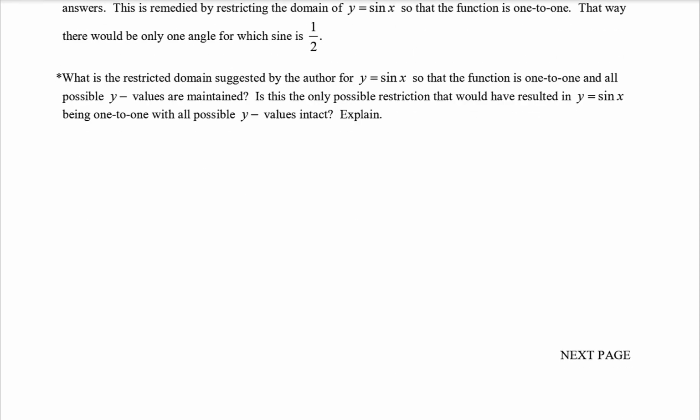So let's look at a graph of sine real quick. We're just going to do a quick sketch of sine, nothing too fancy. We know that at pi over 2, we get up to 1. These are not scaled the same. Obviously, pi over 2 is actually a little bit bigger than 1, but I could try to do the scale a little bit better.